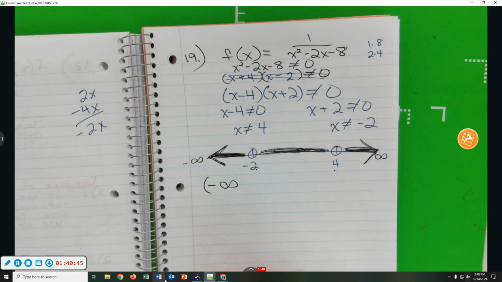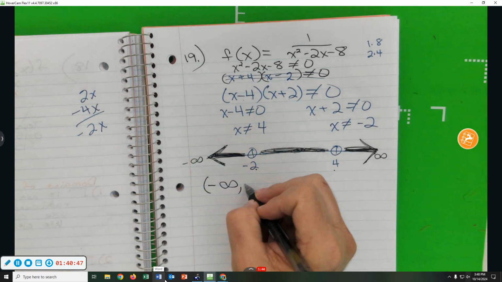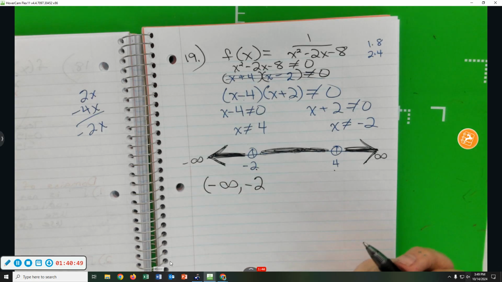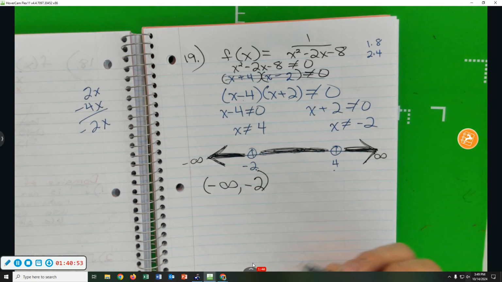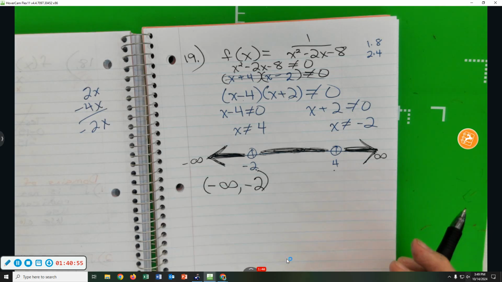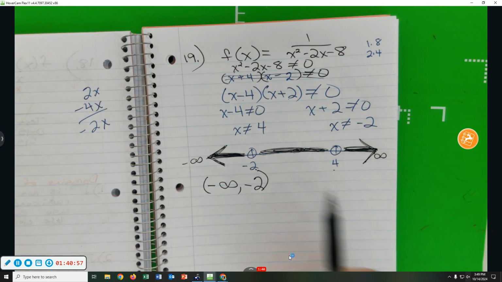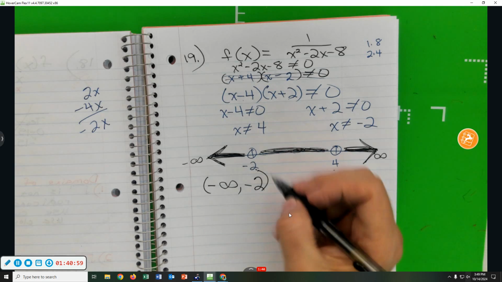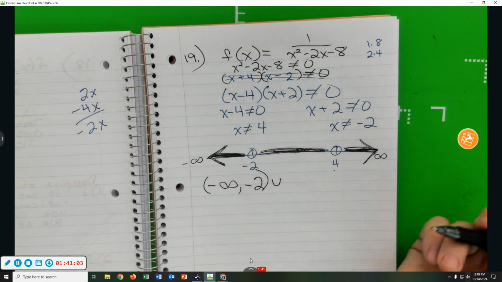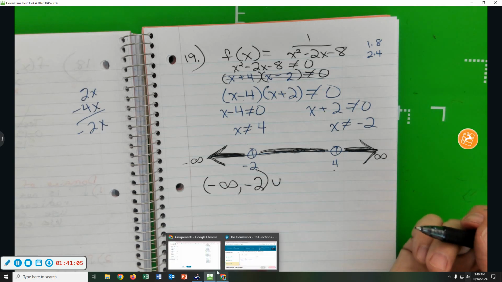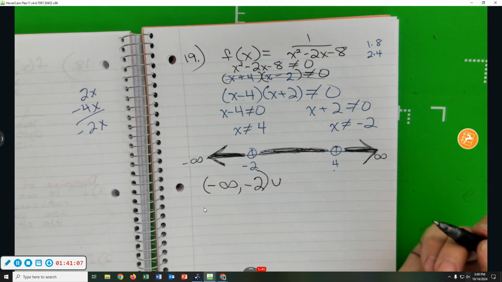Parentheses, negative infinity, comma, negative 2. What goes after the negative 2? Parentheses. I may as well ask right now, will we have any rectangular brackets? No, because there are no closed circles. Or the numbers between negative 2 and positive 4. How do we denote that using interval notation?